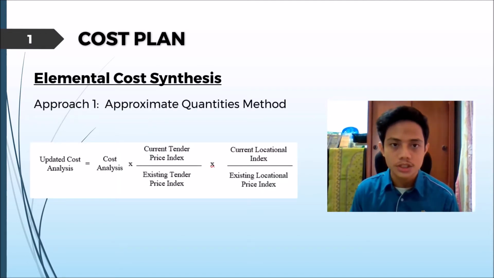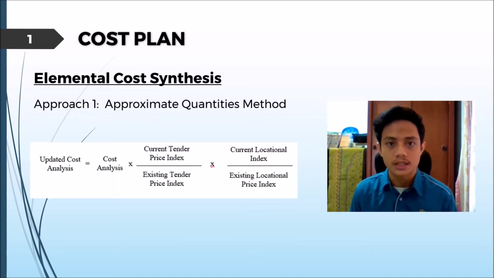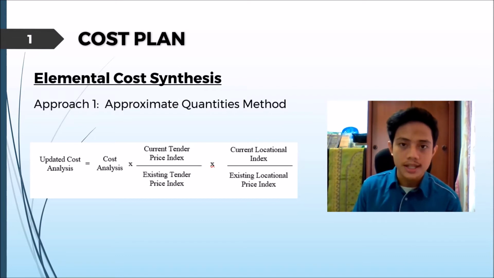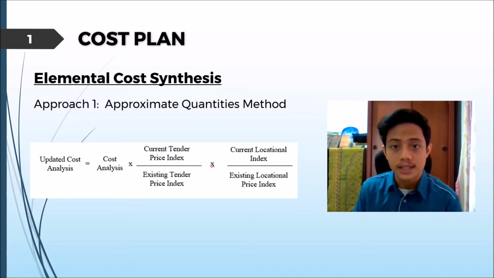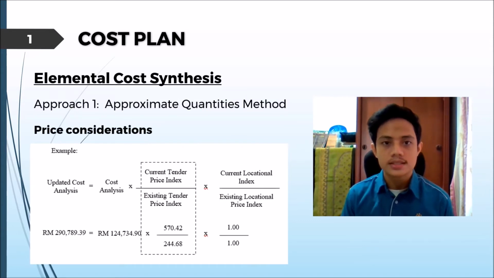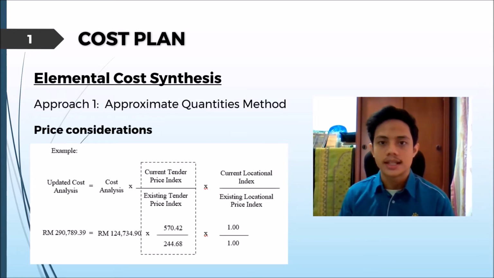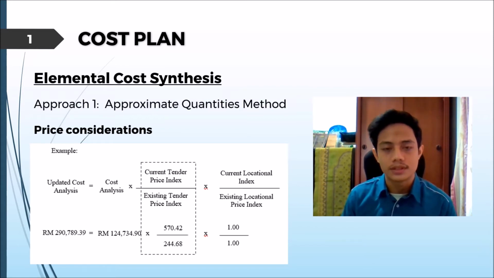For the first approach, which is the approximate quantities method, this is the general formula that is to be used, which shows that the existing cost analysis will first need updating for inflation and then adjusting for locational index differences. As you can see, the pricing of the cost analysis is adjusted with time using the tender price index in order for the cost analysis to be updated to the current cost.